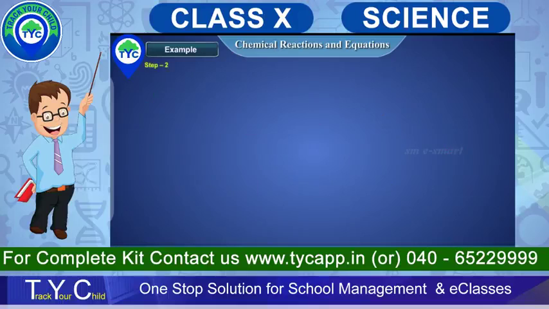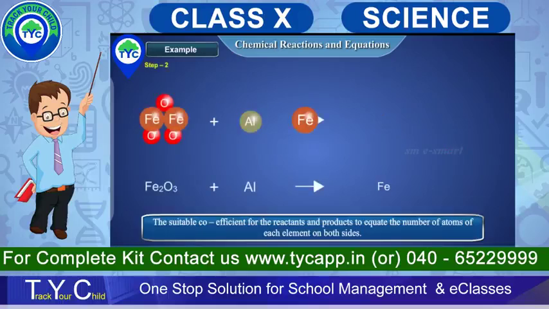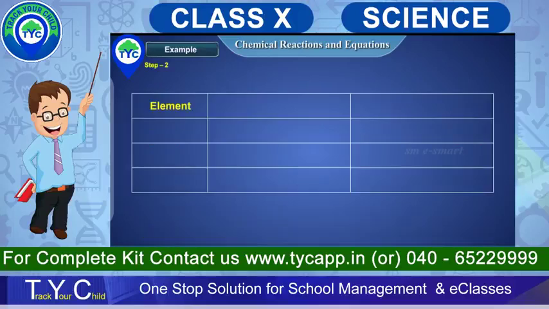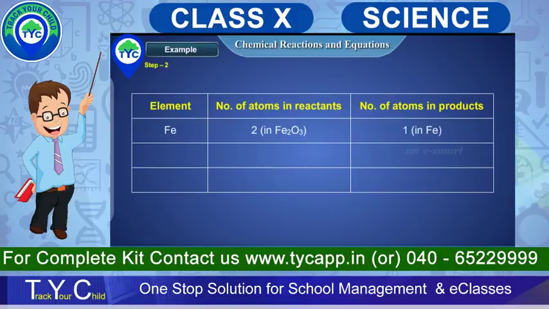Step 2. Put suitable coefficients for the reactants and products to equate the number of atoms of each element on both sides. Elements: number of atoms in reactants, number of atoms in products. Fe: 2 atoms in Fe2O3, 1 atom in Fe.